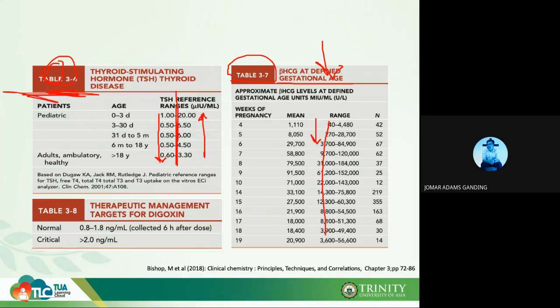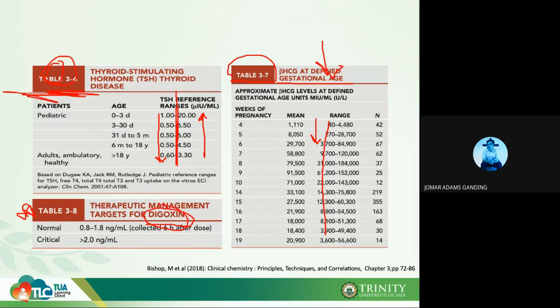When I am saying that we should not be calling it normal values. Aside from that, and this one, I hope this would clear things out much better. So in table 3-8, this reference range can only be seen in patients that are using digoxin as their medication. So meaning to say, digoxin is only being used by whom?